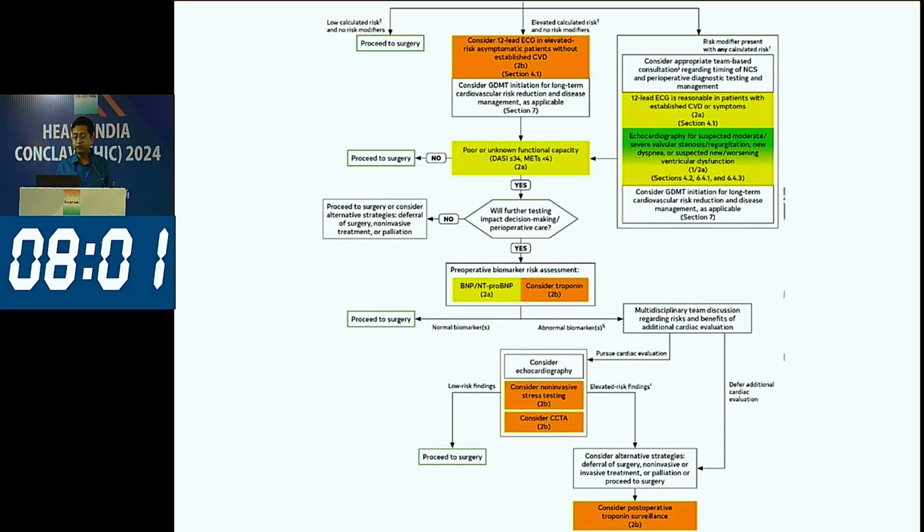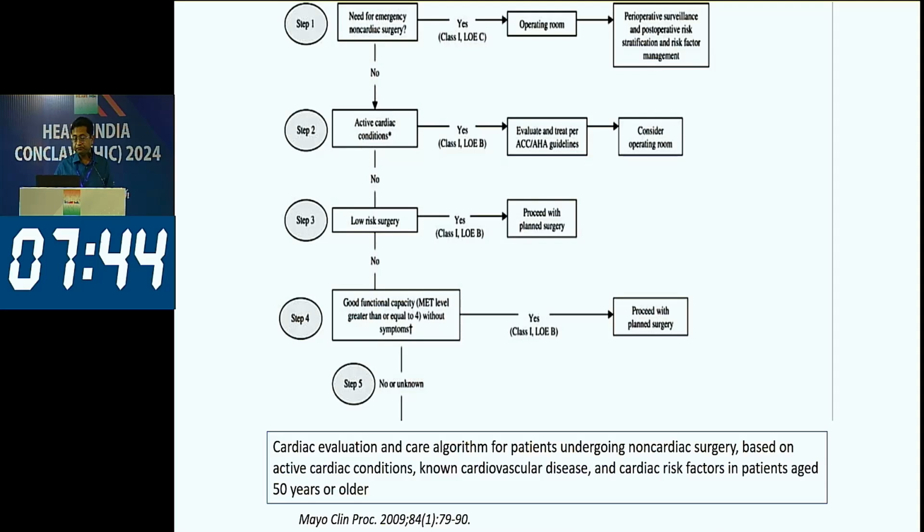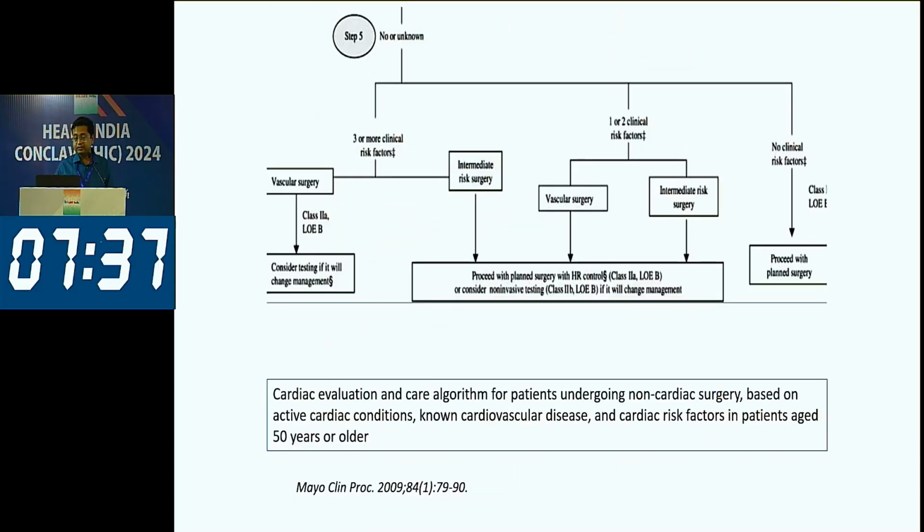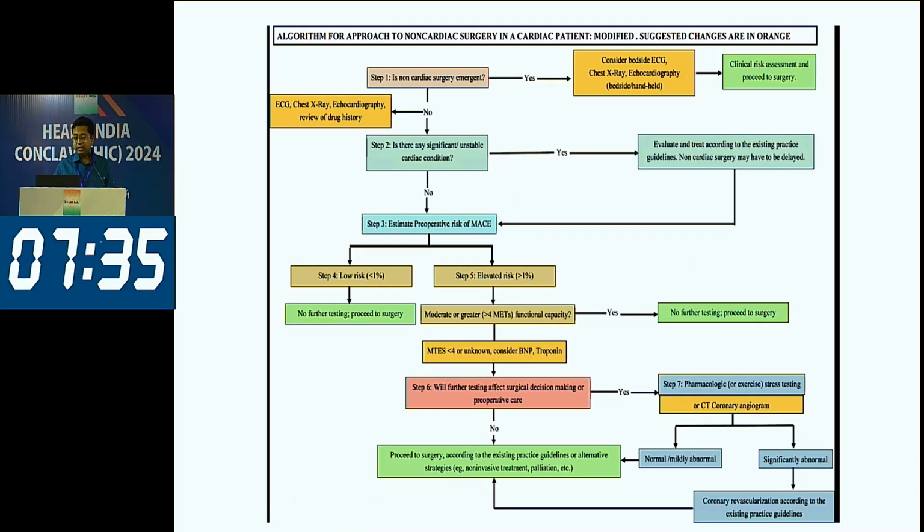Here comes the role of echocardiography, cardiac stress testing, or maybe a CT coronary angiography. And if this is not available, you defer the additional cardiac evaluation, talk to the surgical team and go for the surgery. So this is another previous stepwise approach that we had in previous guidelines, so I am skipping it. And this is the ESC 2022 guidelines that also had the same type of algorithm.